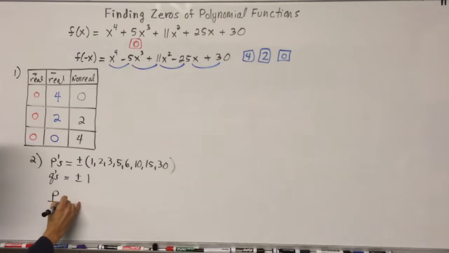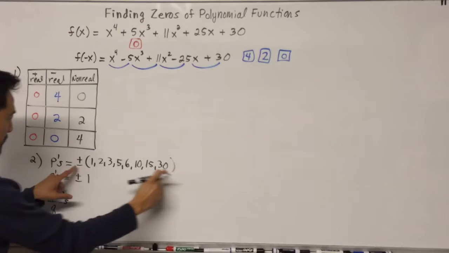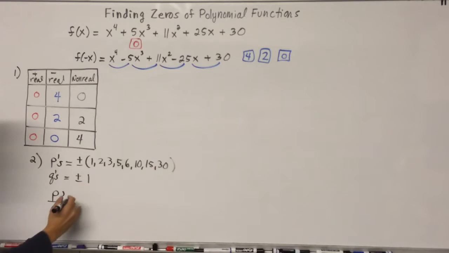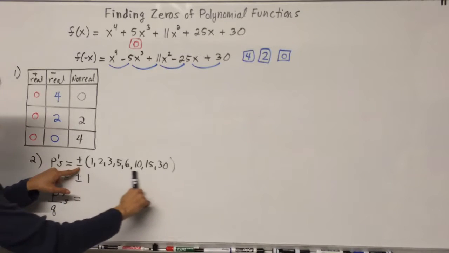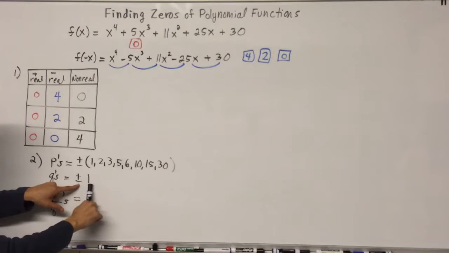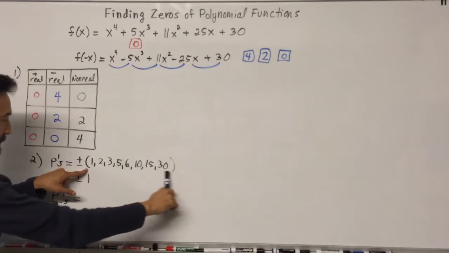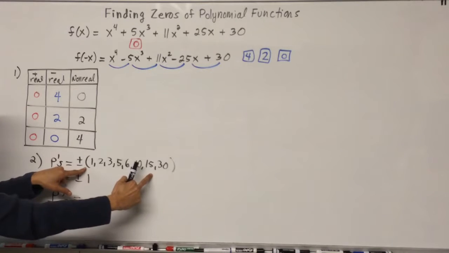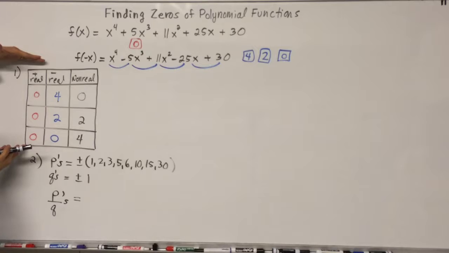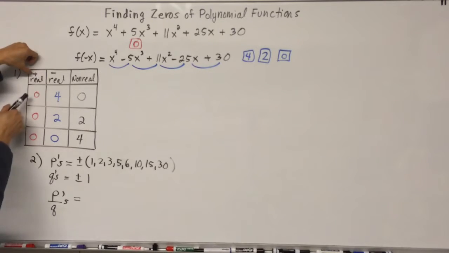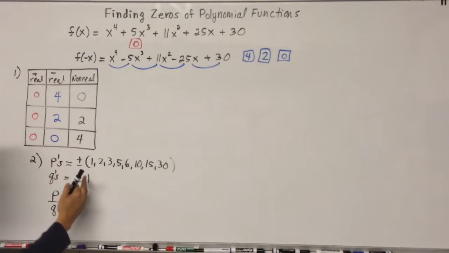Now, what has to happen in general is that each of these p-values will get divided by each of the q-values, right? So I think you would agree that if you took all of these p-values and divided them by plus or minus 1, you would just get back the p's. Okay, but knowing from Descartes' rule of signs that we will have 0 positive reals in every possible case, that means that we only need to now worry about the negative possibilities.